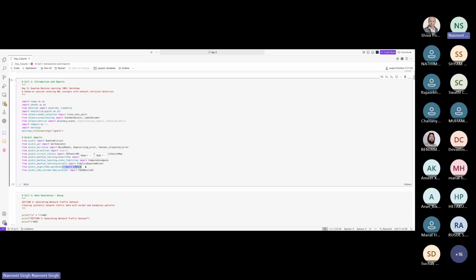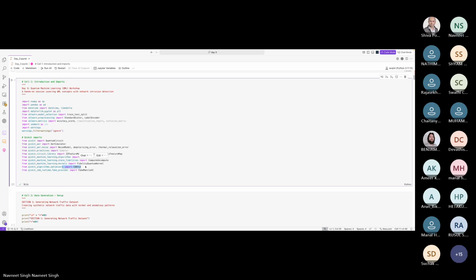And finally is the fake provider. This is for the fake backend that simulates a specific IBM device called Manila, and it uses real calibration data, including gate error, decoherence time, connectivity, so we can get a behavior similar to a real chip without actually deploying there, fully offline, without going on the real quantum systems or paying something which is very expensive.